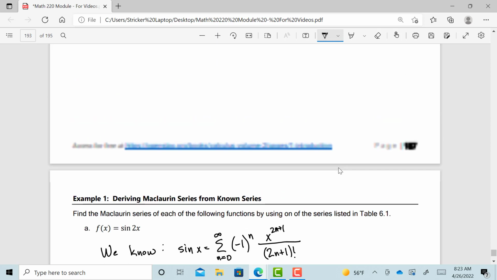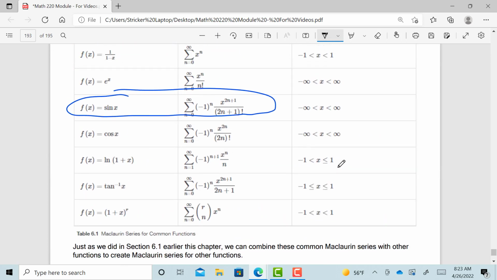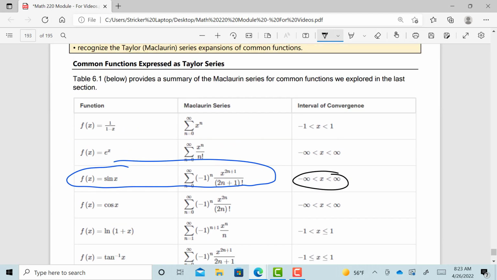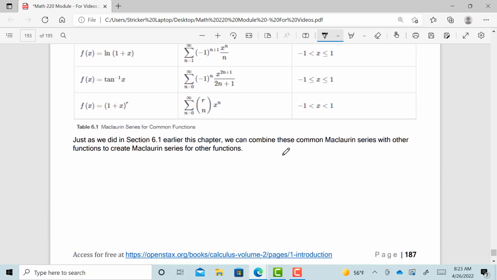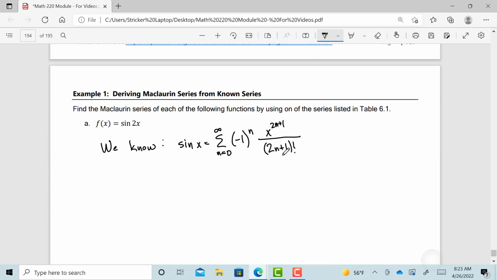And it also says that this is our interval of convergence, which means r equals infinity. So we have an infinite radius of convergence.